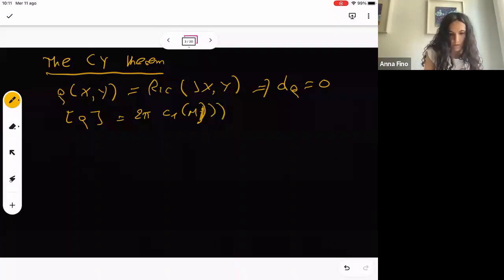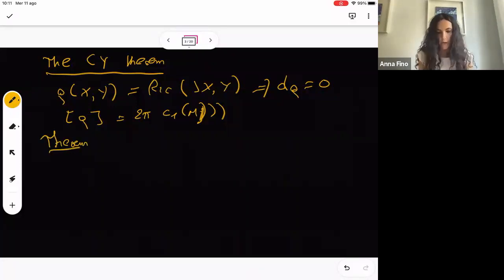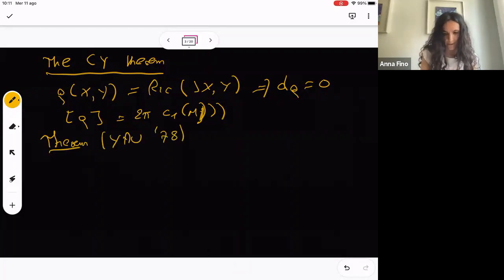Let's formulate the theorem that solves the Calabi conjecture, shown by Yau in 78. The formulation is the following.